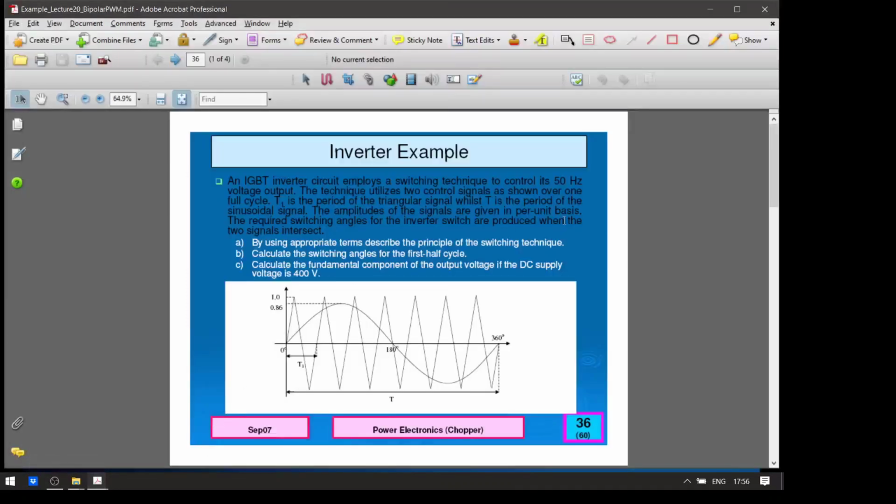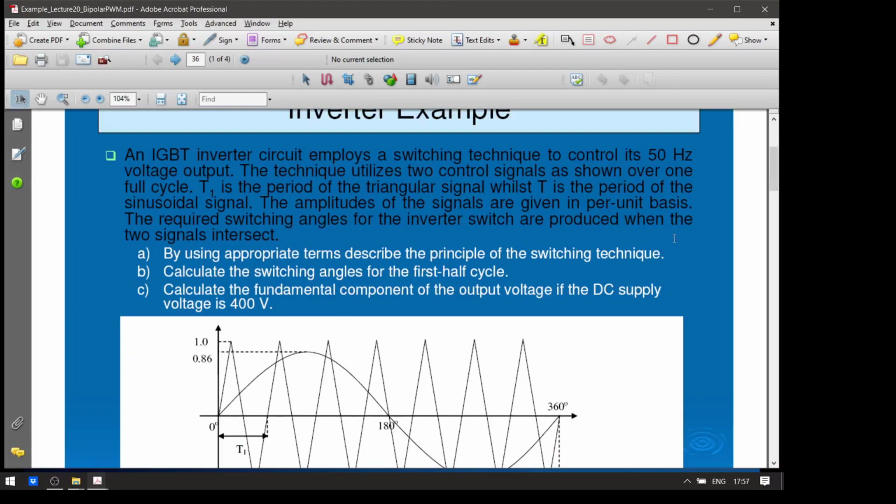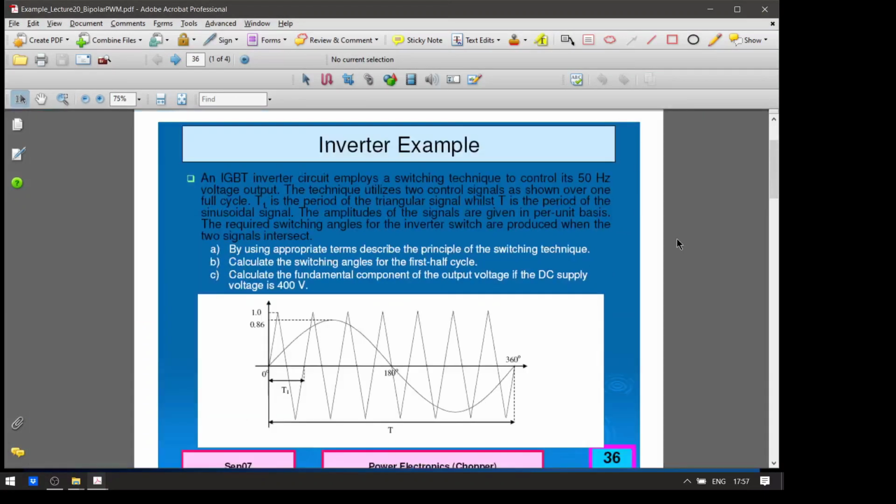So let's look at this example. An IGBT inverter circuit employs a switching technique to control its 50 Hz voltage output. The technique utilizes two control signals as shown over one full cycle. T1 is the period of the triangular signal, whilst T is the period of the sinusoidal signal.